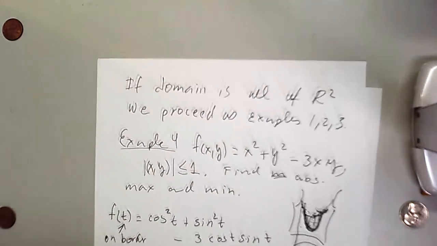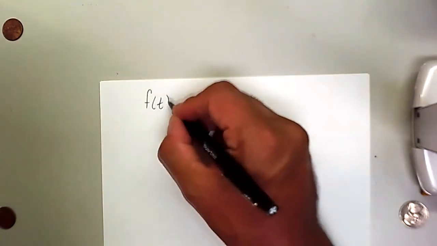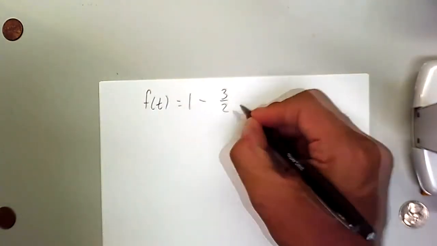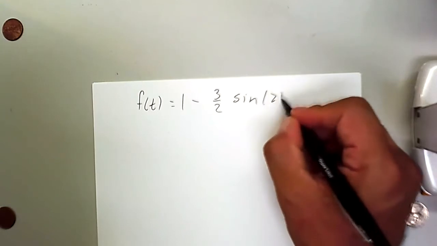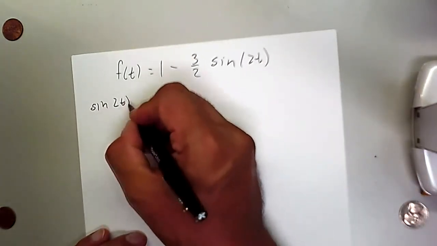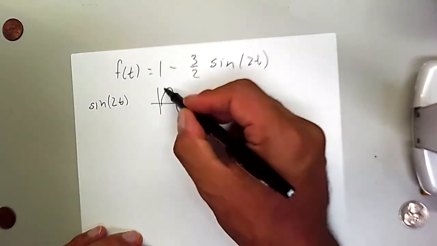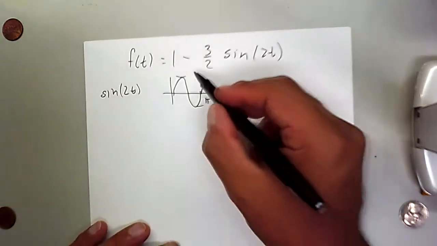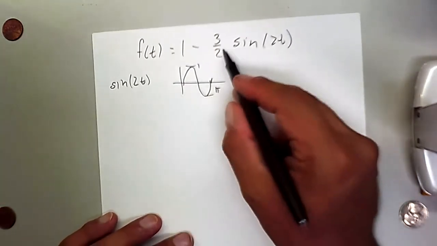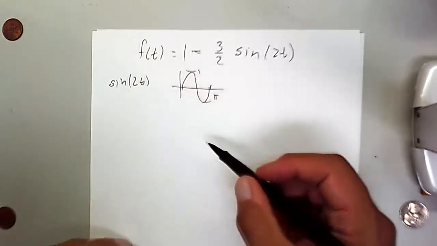Okay, so I want to analyze 1 minus 3/2. So pretend f of t equals 1 minus 3/2 sine of 2t. And again, just the sine of 2t would be this, stopping at pi, going up to 1 and negative 1. Multiplied by negative 3/2, the negative flips the function upside down.